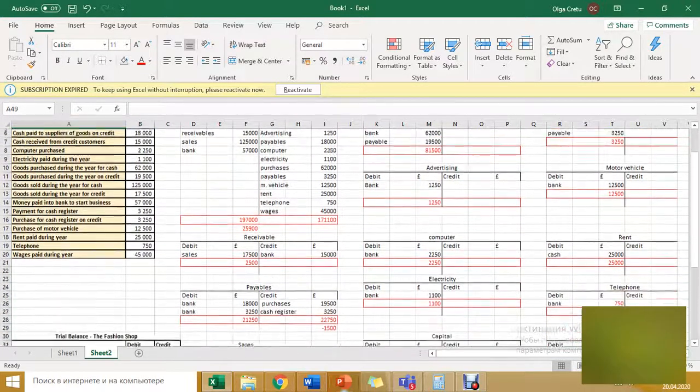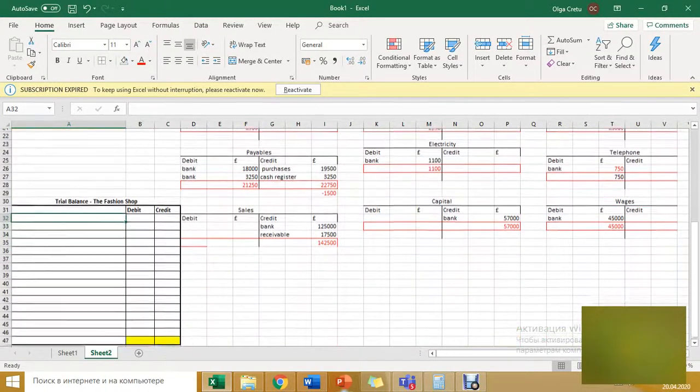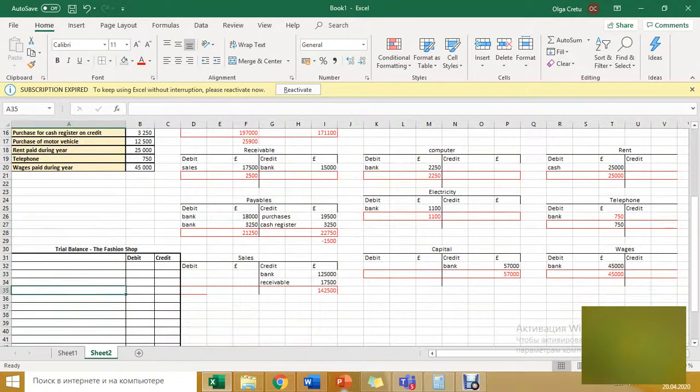Now we can post all our transactions here, right? And we are going to take it one by one. I'm going to post them the way they would look like credits and debits, right? So let's do it. So we have advertising, then we have bank.